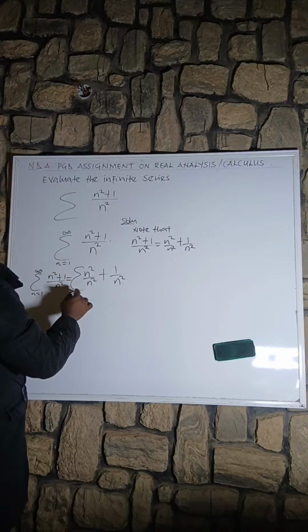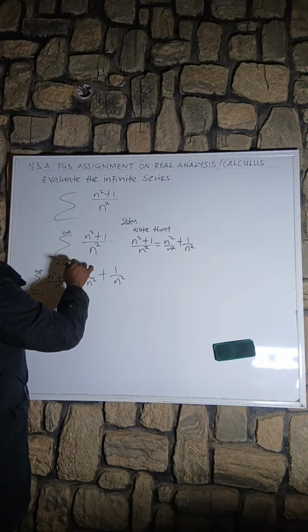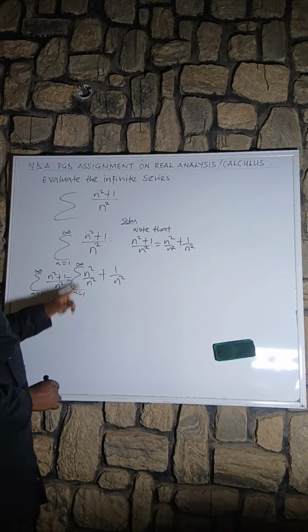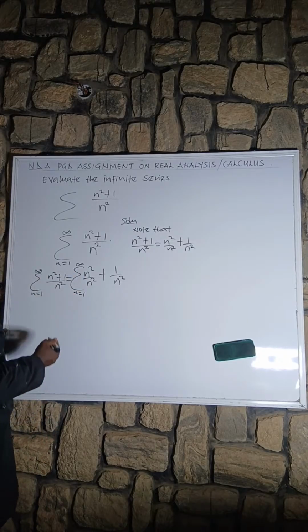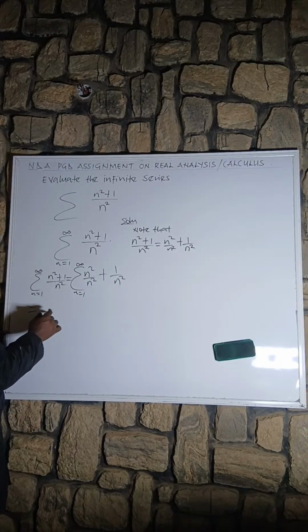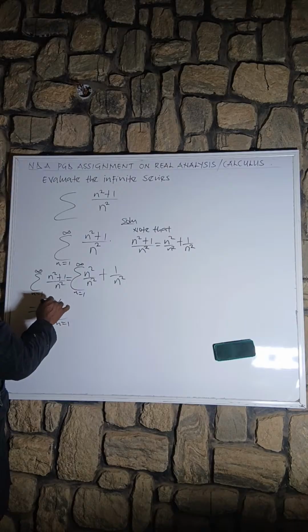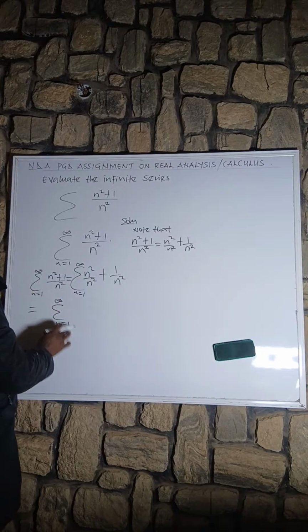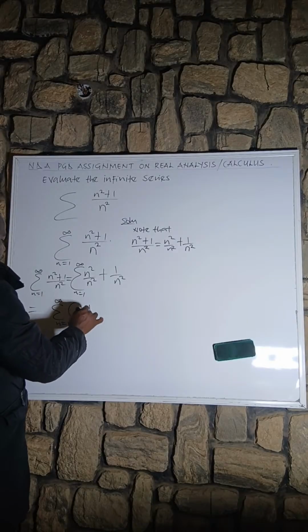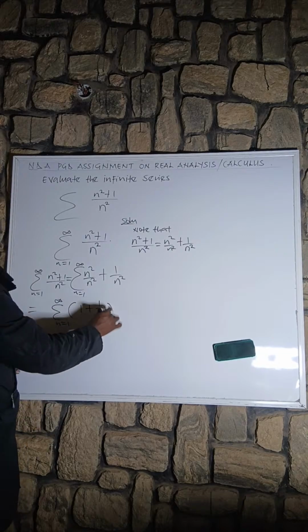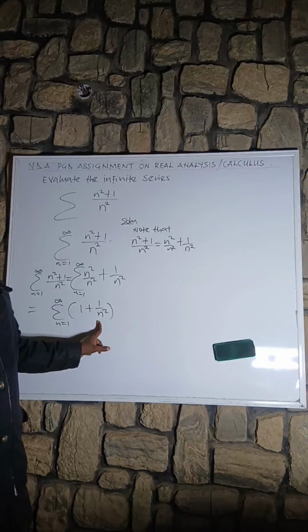Summation, n from 1 to infinity. So I don't need a prophet to tell you this is the same thing as summation n from 1 to infinity of 1 plus 1 all over n squared. Close the brackets. True or false?